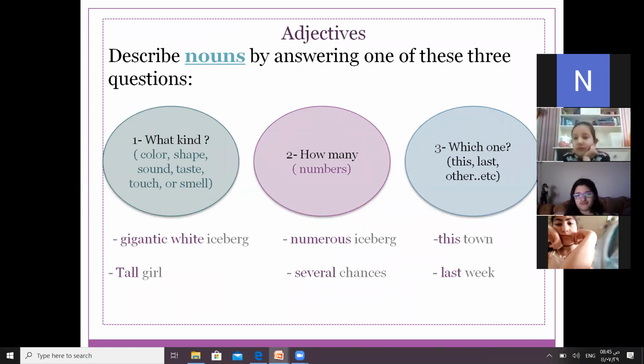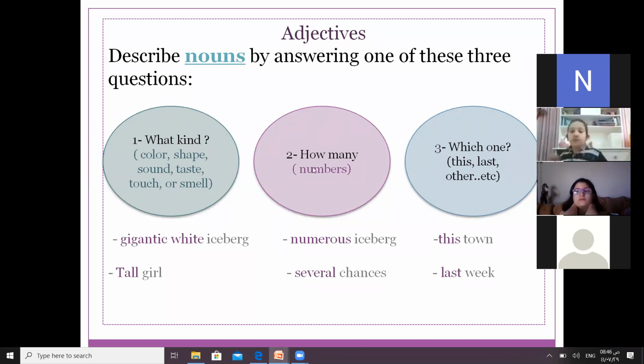How many? Which one? You must remember those 3 questions that we ask about adjectives. In what kind, we will mention sometimes color or shape, sound, taste, touch, or smell.